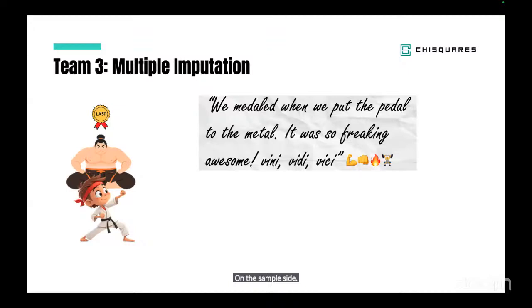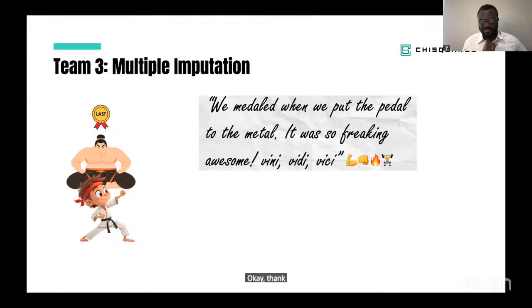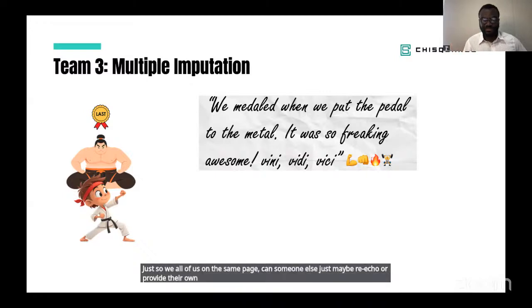So we are filling numbers. That's why it is not valid. But because the number is fulfilled, there are 2 of them. Okay, thank you. We're really struggling to hear you. The line was breaking. Just so all of us are on the same page, can someone else re-echo or provide their own opinion on this?